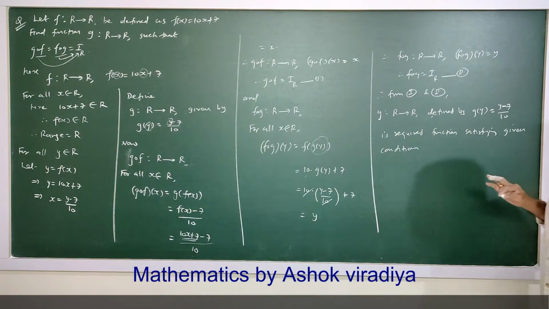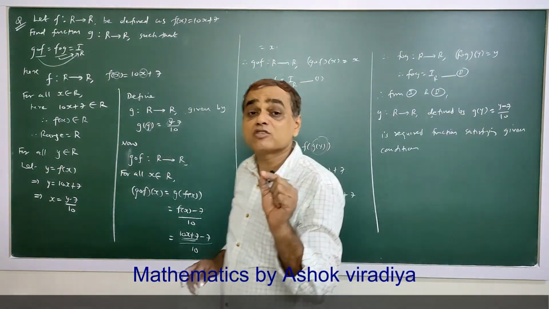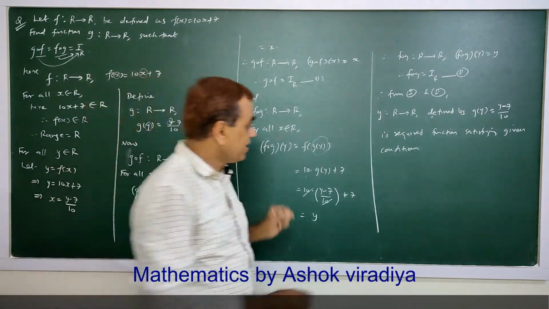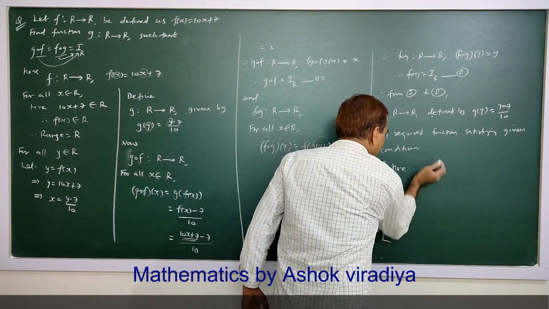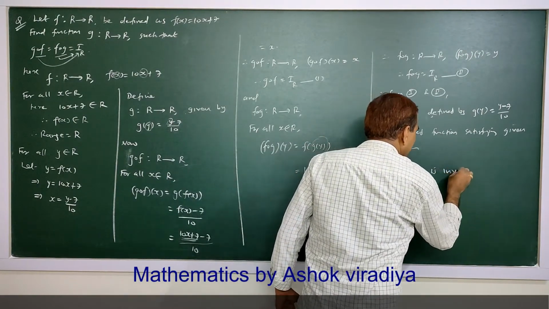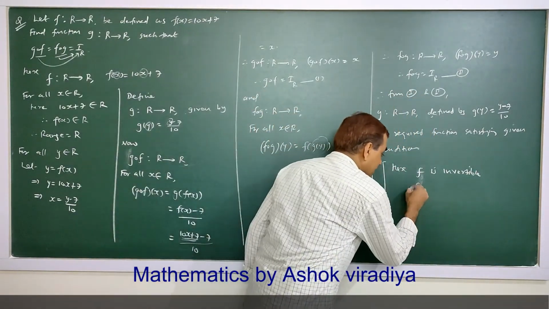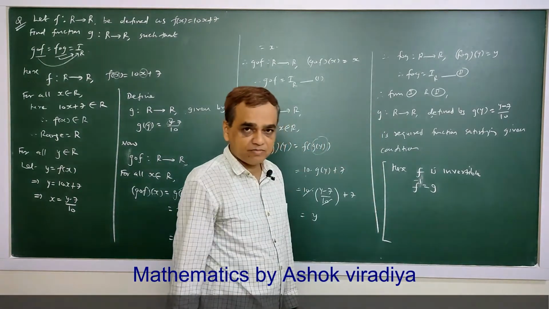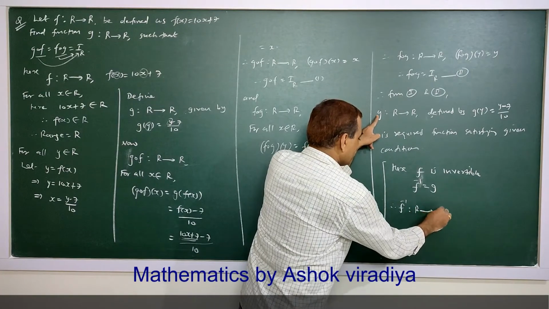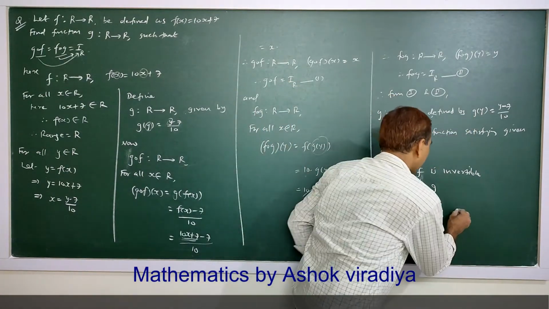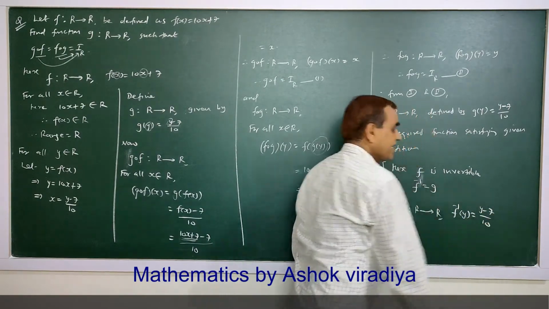In short, if any function g satisfies both conditions, then we say g is the inverse of f. So we can say f is invertible and the inverse of f is g. So the inverse of f is from R to R, f inverse of y is equal to (y minus 7) by 10.